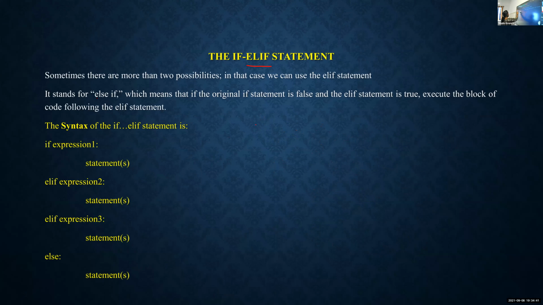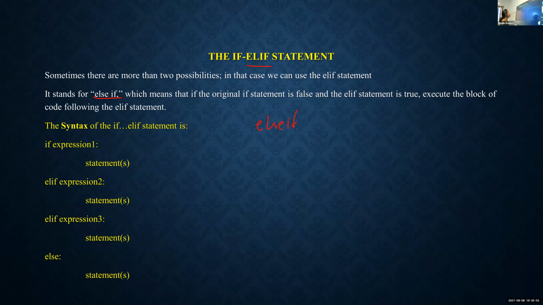Sometimes there are more than two possibilities. In that case, we can use the elif statement. In the previous section, there were only two possibilities. If it is true, it will execute one set of statements. If it is false, it will execute the other set of statements.